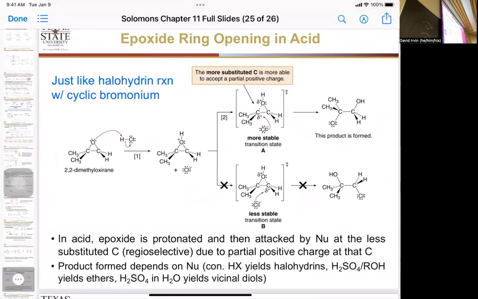The only way you can tell is if you had a cis or trans epoxide, because then you're going to have enantiomers, because it'll probably attack half the time one and half the time the other if they're sterically the same, or electronically the same too, because they would be both secondaries or tertiaries. I imagine that you would actually slow the reaction down because of that.